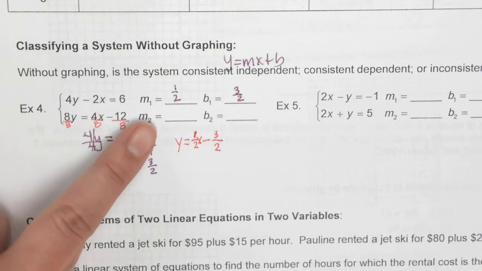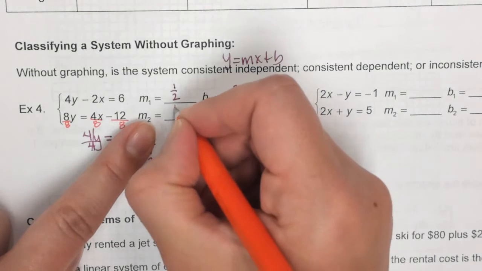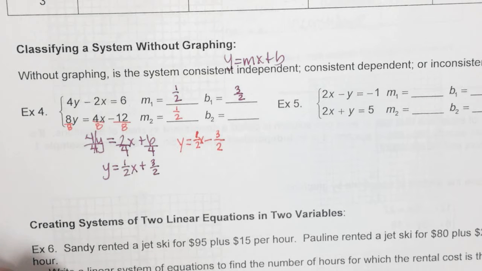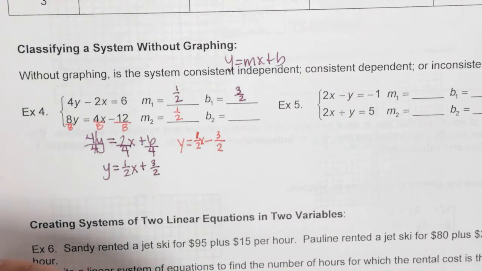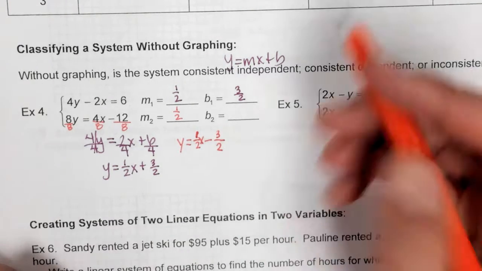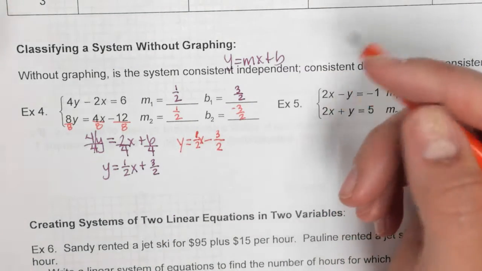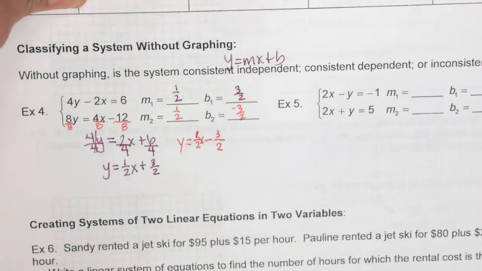Okay. All right, so the slope is 1/2. What's the b? What do you think? Is it 3/2 or is it negative 3/2? Negative 3/2 because of the minus sign right there. Okay, now we compare it to our little chart. What is the classification?